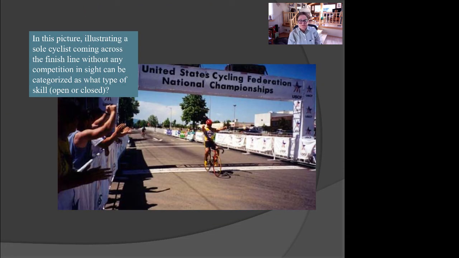In this picture, you could see a cyclist coming across the finish line. There's really nobody else in sight in terms of being competition for him. I would categorize this as a closed skill. The bike is probably becoming one. It's a very empty course.